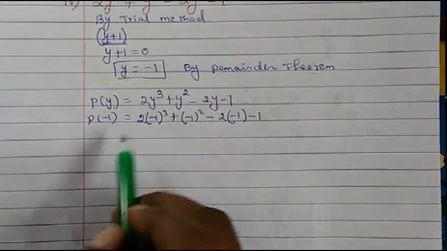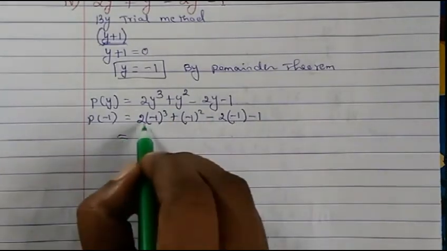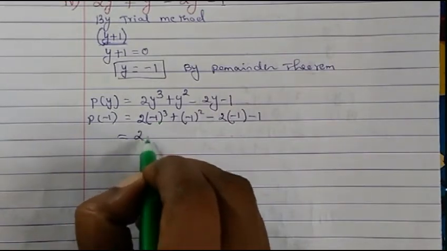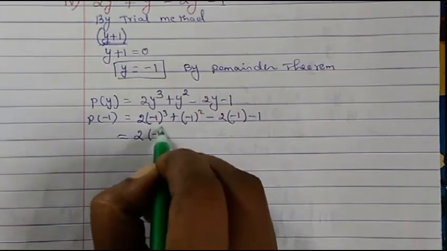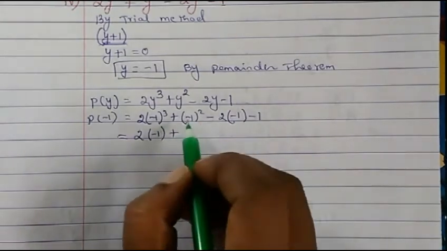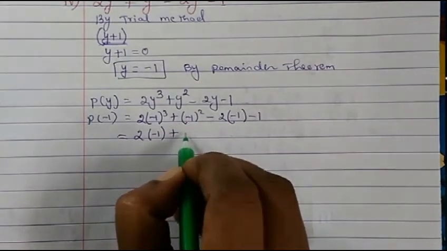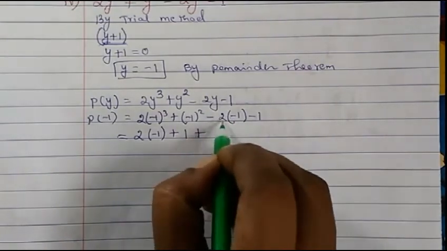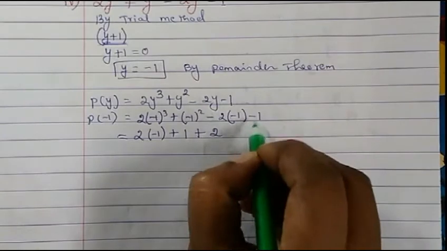Wherever y is there, we have put minus 1. I have already taught you, 2 times minus 1 cube means we will get minus 2. Then plus, minus 1 square: minus into minus will become plus 1. So we will write down 1 into 1, 2.